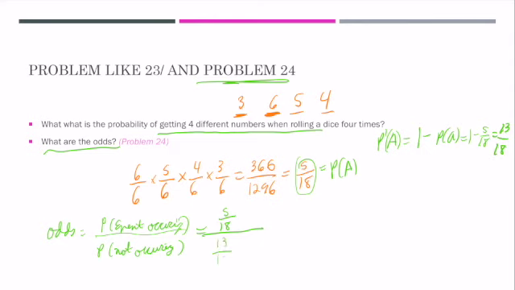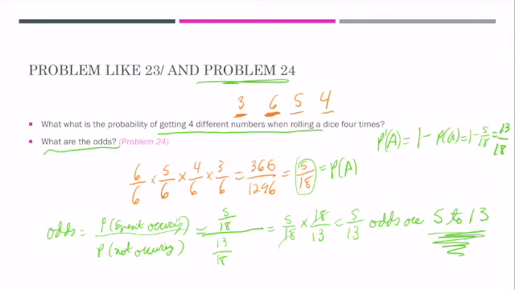So now I have 5/18 divided by 13/18. Remember when we're dividing by fractions, we keep the first fraction the same, we change from division to multiplication, and we flip the second fraction. We can see that these 18s are going to cancel. So I get 5/13, and we read this, the odds are 5 to 13.